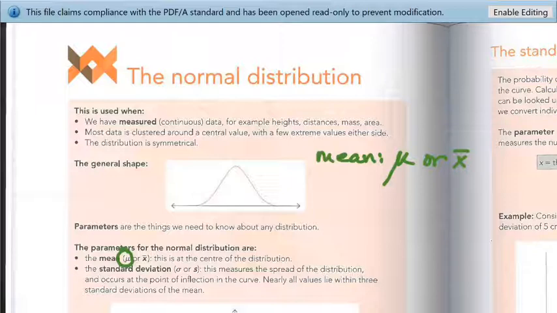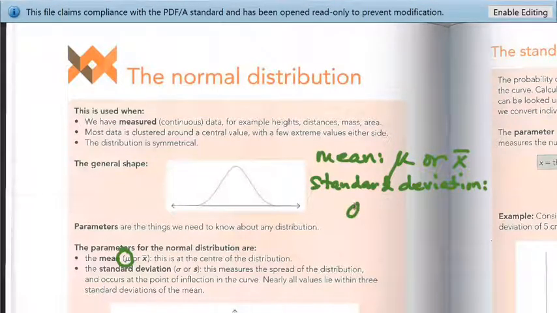Okay? Then the next piece that we have is something called the standard deviation. Let's do the symbol, and then we'll talk about what it means. You'll see the Greek letter sigma or small letter s for standard deviation.